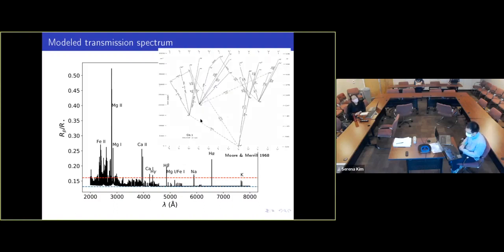Another species of interest is calcium 1. I got this Grotrian diagram from a 1968 Moore paper, and I checked that it is basically the same as the NIST database. One problem that puzzled me initially is the transition between the 4P and 3D.